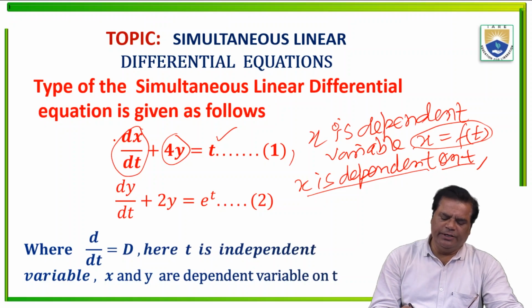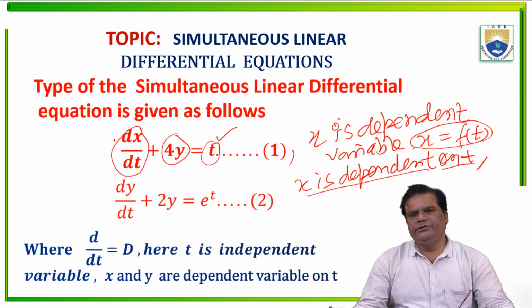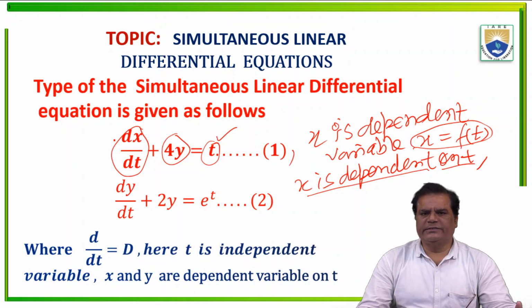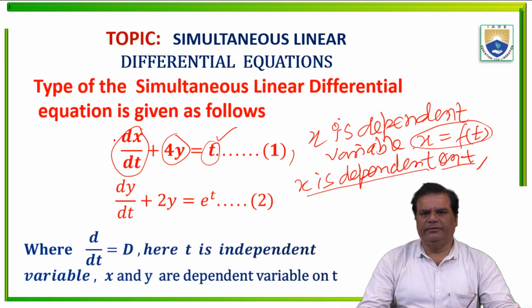Now, t is the independent variable here. In our question, t is independent, but x is dependent on t.